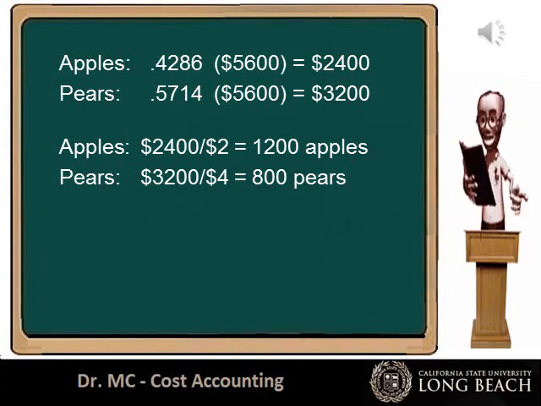In addition, since 57.14% of our sales revenue comes from pears, we know that our pear sales must equal $3,200 in order for our firm to break even. When you divide those figures by the individual price of an apple and pear, you see that our firm must sell 1,200 apples and 800 pears in order for it to break even.